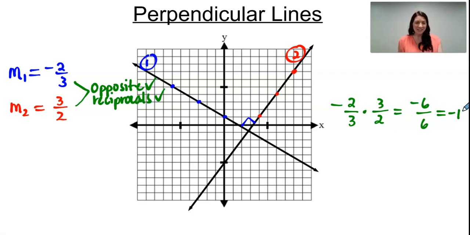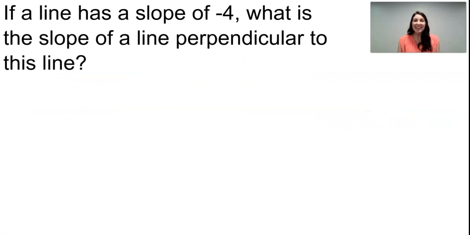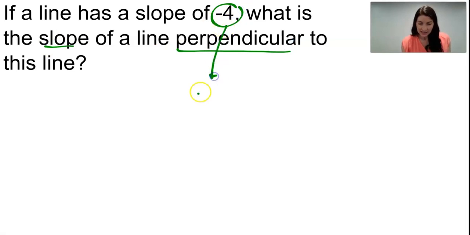Let's take a look at our first example. Here it says, if a line has a slope of -4, what is the slope of a line perpendicular to this line? Okay, so I want a slope that is perpendicular. I remember that those slopes are going to be opposite reciprocals. So the slope of this line is -4. Now, I'm actually going to use the strategy of writing this as a fraction so that I can take the reciprocal a little bit easier. -4 is the same as -4 divided by 1.